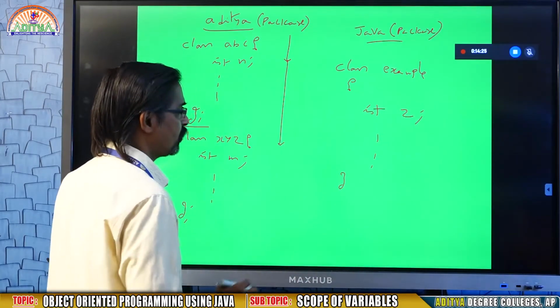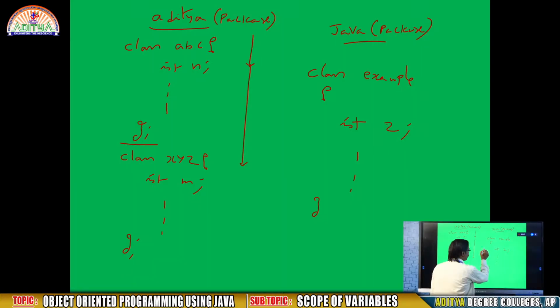Now in my example, here I defined this z as private. In my class I defined z as private. When a variable is private, that variable is accessible within this class, it never goes to other classes.